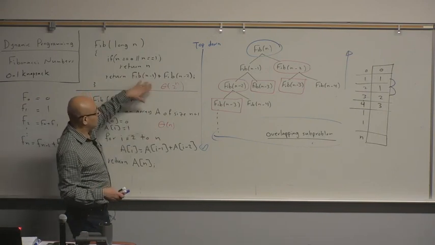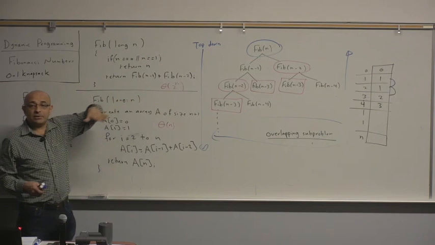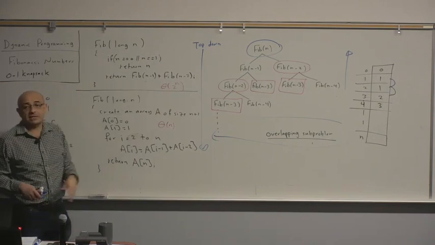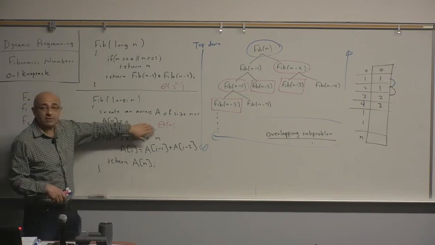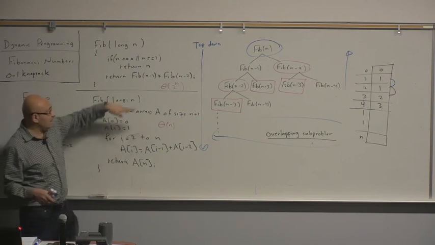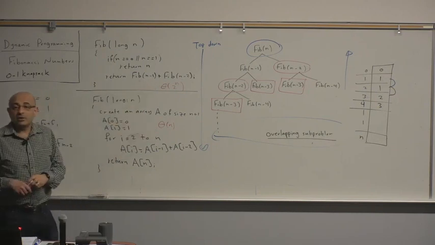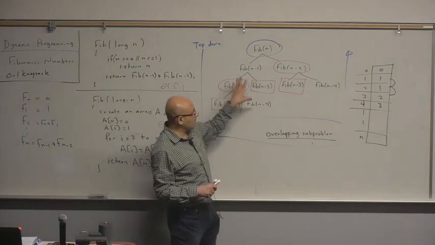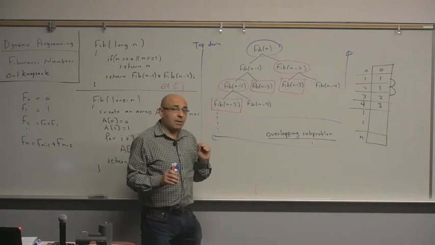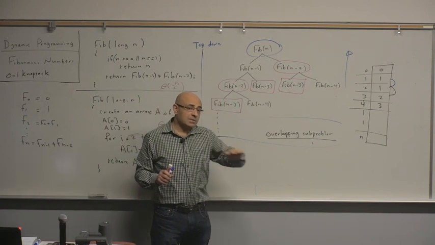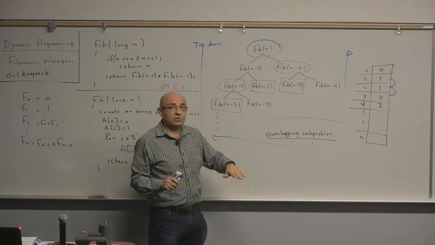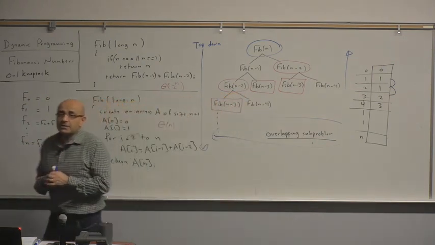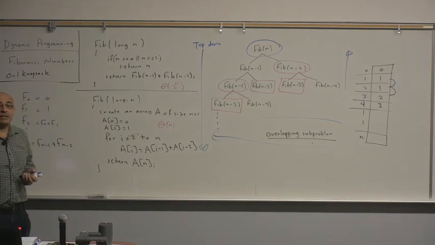So this is very much as slow as it can get, and this is very much as fast as it can get. So this is linear, one of the fastest, and this is exponential, one of the slowest algorithms. And we managed to do this by looking at the problem bottom up, solving smaller subproblems, storing solutions in a table, and reusing them. So this is the idea of dynamic programming.